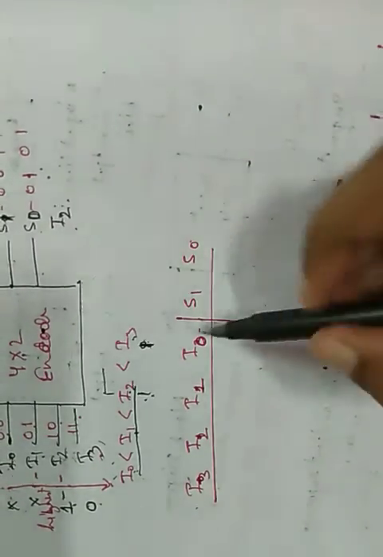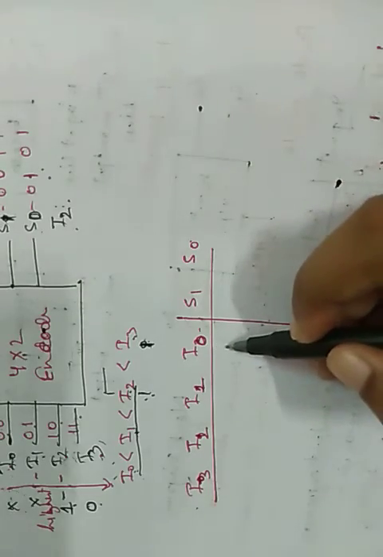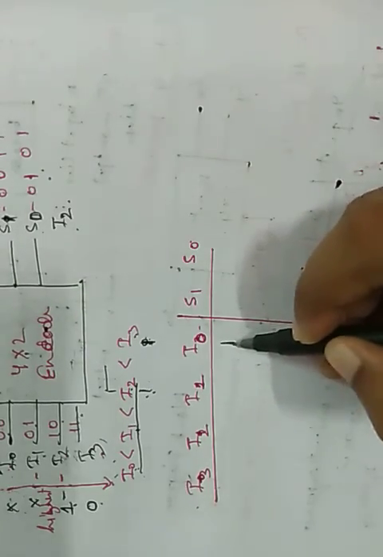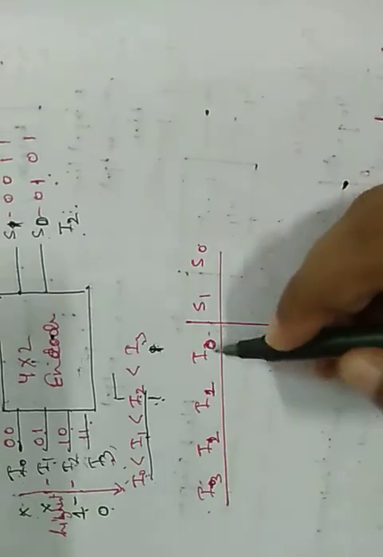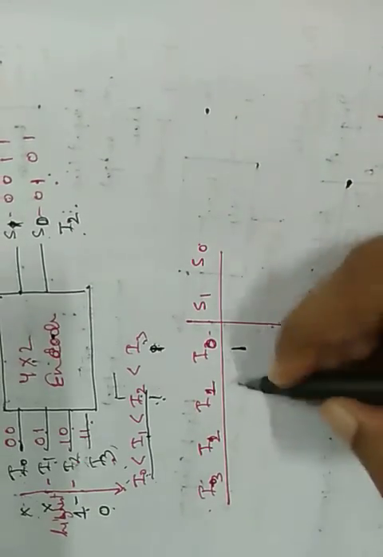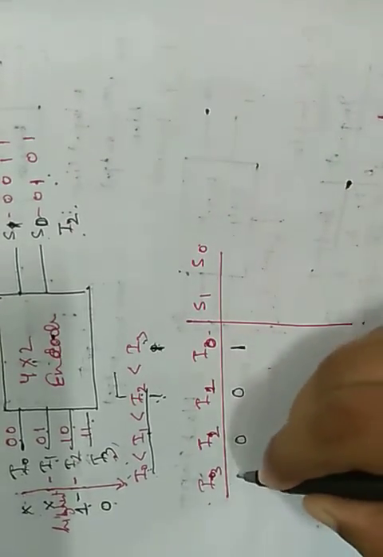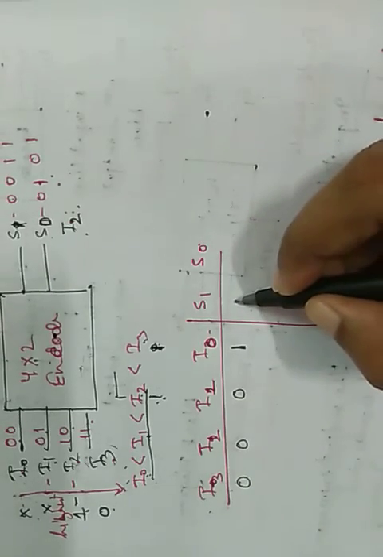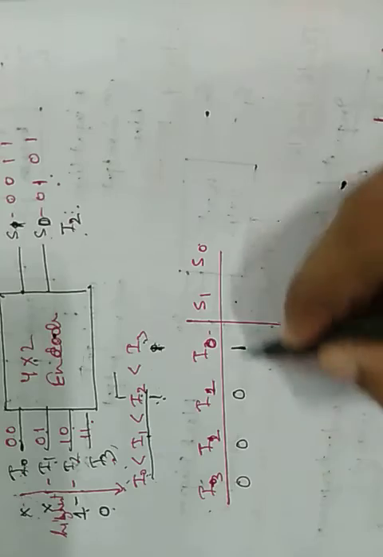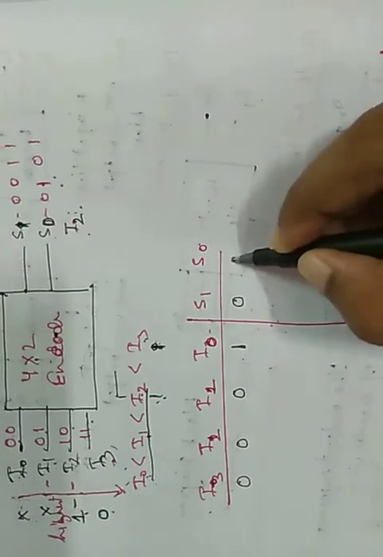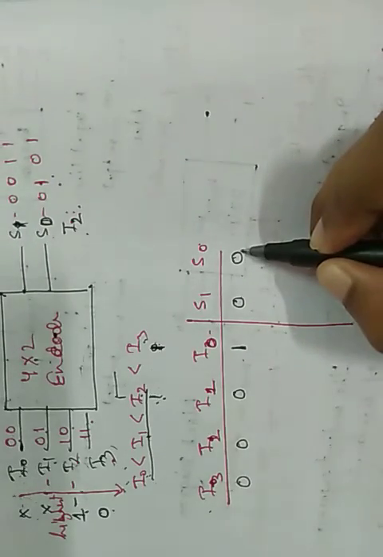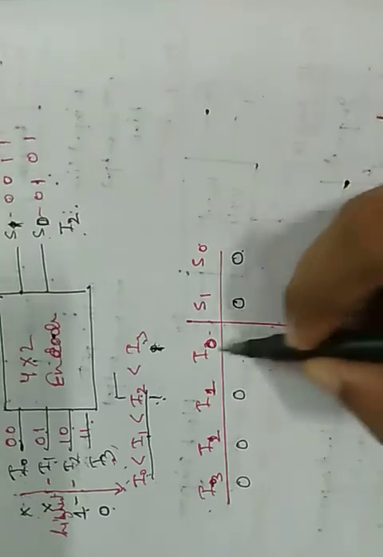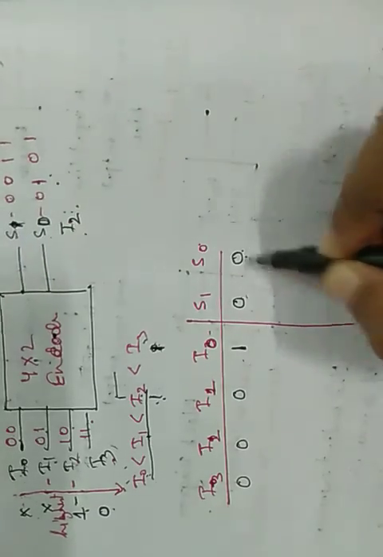So if I0 is 1 and all other values are 0, then we get 0, 0 in the output line. Obviously, I0 will appear on the output line.